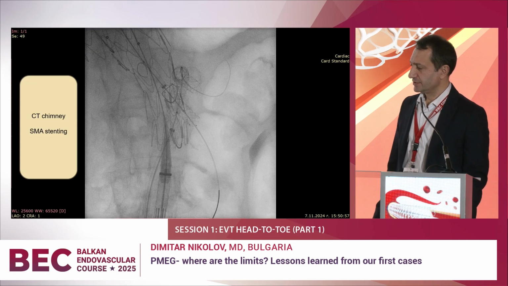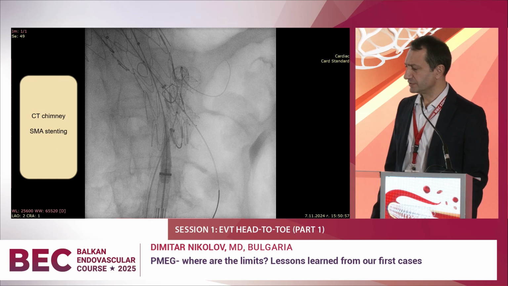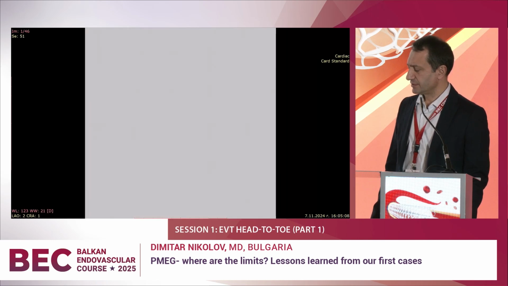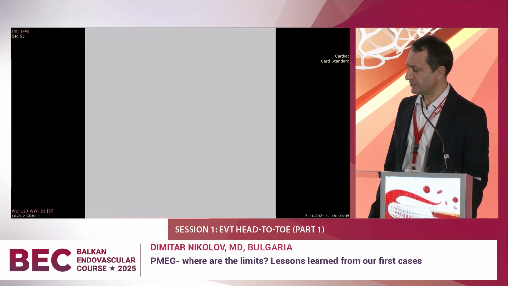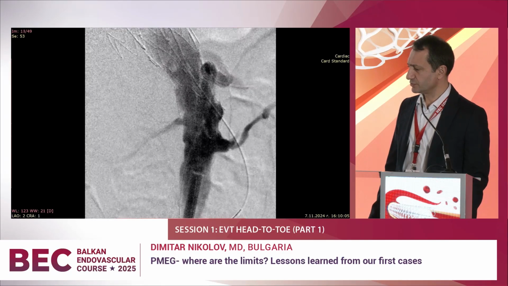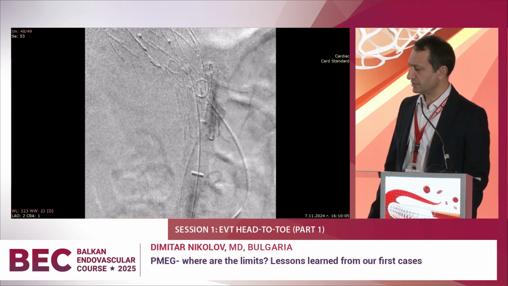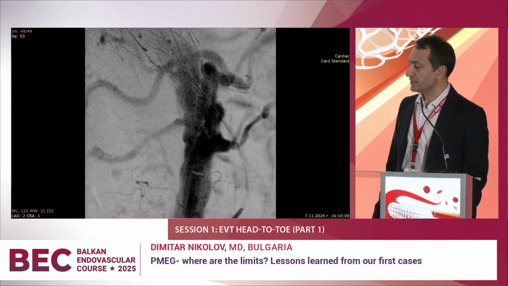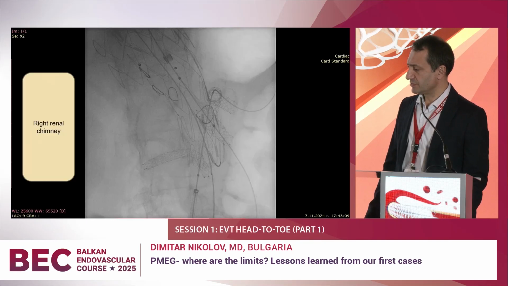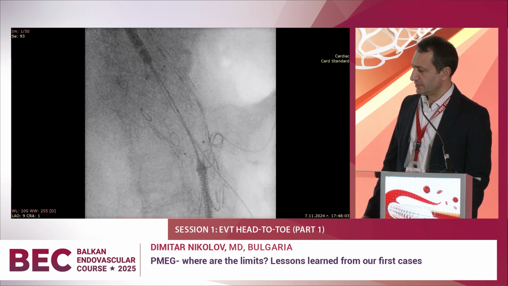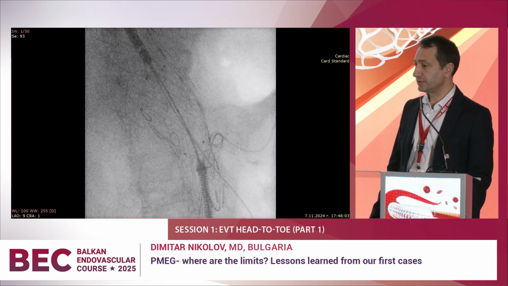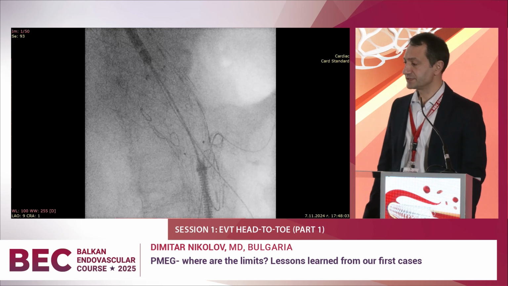This was not so difficult, but we also had to put another chimney after that for the left renal, which was partially covered. And you see the right kidney. The left renal artery is just below the open stent. And finally, we put another aortic cuff just to cover the proximally unused 3 fenestrations.